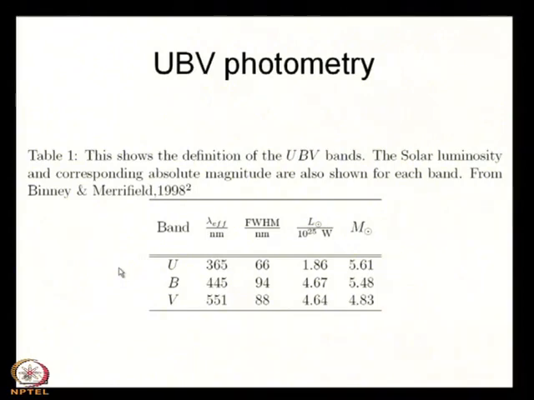It means that if the sun were kept at a distance of 10 parsecs and I were to then measure the flux in the U band, the magnitude would be 5.61. Okay. So you can use this also if you wish, to convert any magnitude to units of the solar luminosity, or to convert it into units of watts, because here you see this solar luminosity is given in terms of watts.